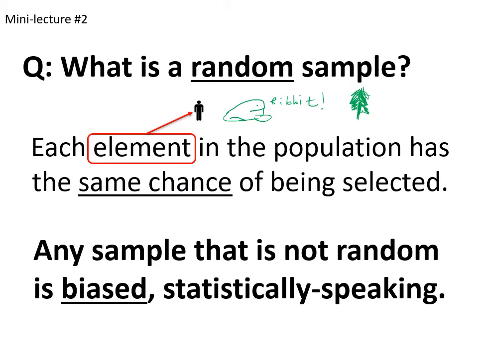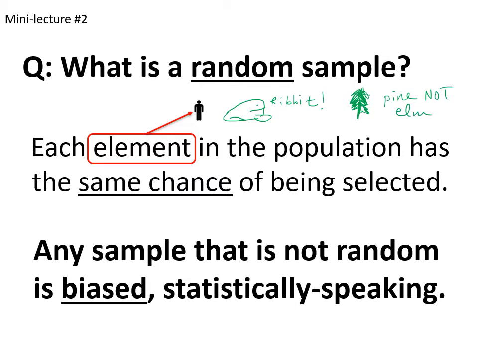So a tree could be an element in a population of trees. This actually is a coniferous tree. Elms are not coniferous, so this would be, like, a pine tree of some sort. So pine, not elm. Pine trees are just easier to draw.